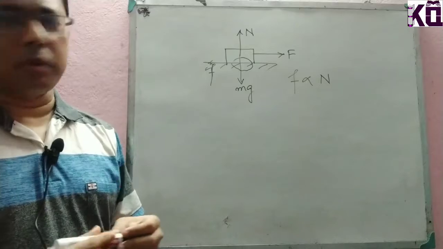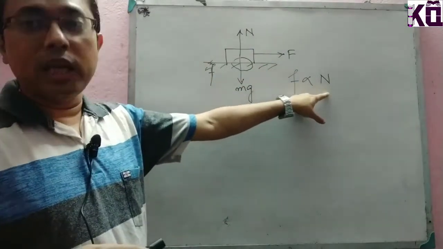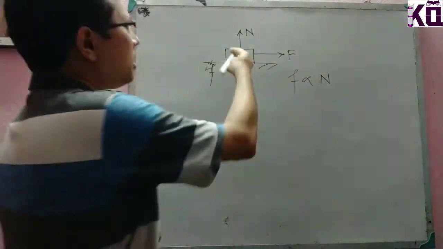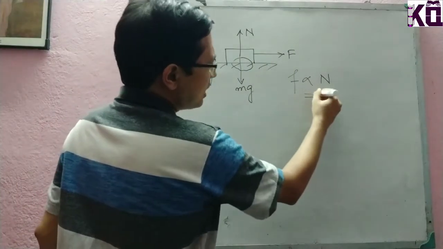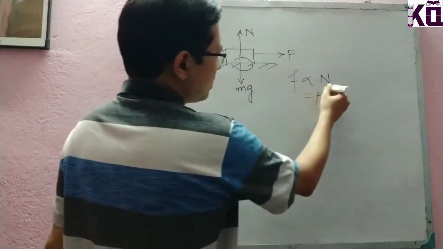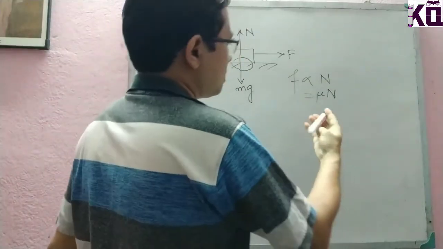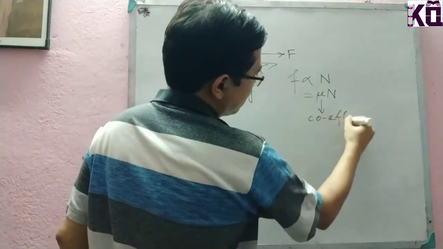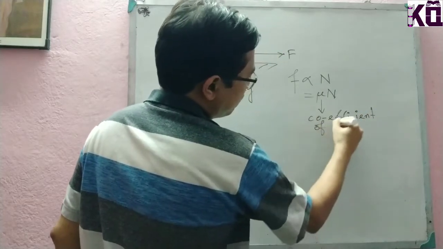But there is one important part. We are not saying that F is proportional to the weight. Why? We will discuss that later. Here, F is proportional to N, so to make it an equality we have to provide one constant, and that constant is mu. F = mu N. This constant is called the coefficient of friction.